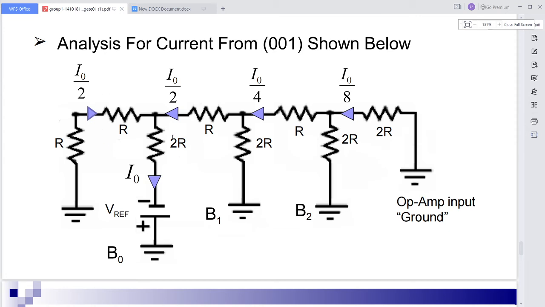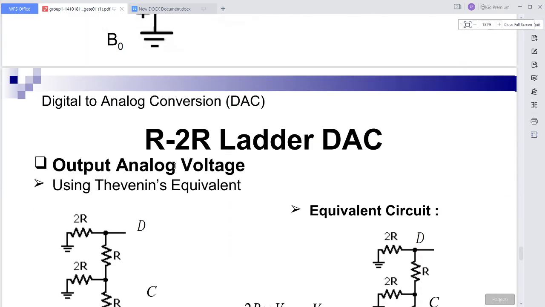By substituting this value, by making use of the voltage divider rule or the voltage potential rule at this node, we can have the voltage at that particular node equal to minus VR by 4. So you can simplify this one.